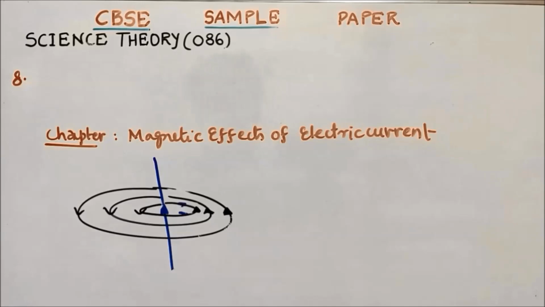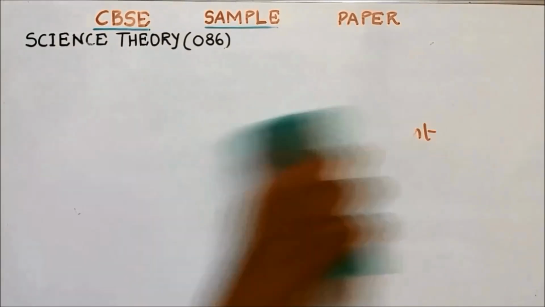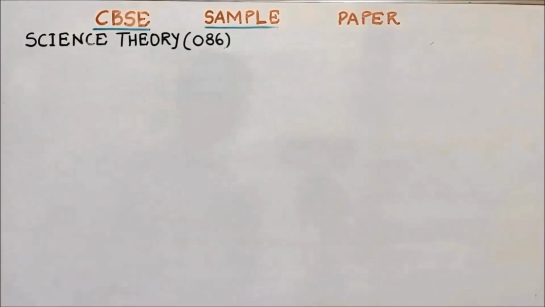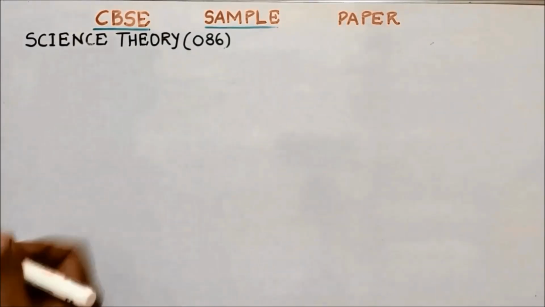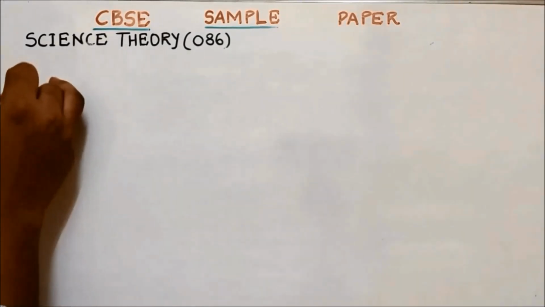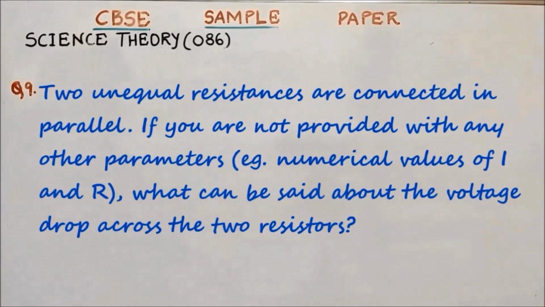Let's see the next question. Question number 9. Two unequal resistances are connected in parallel.